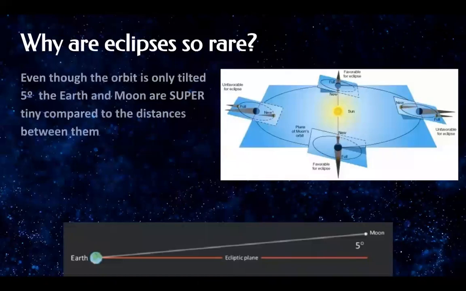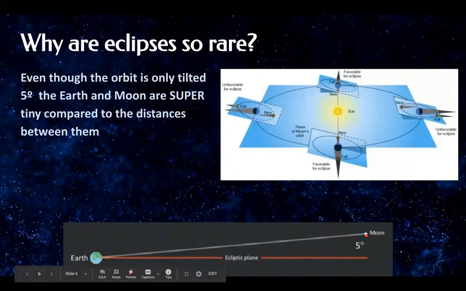Eclipses are super rare because even though the orbit is only tilted 5 degrees, the Earth and moon are super tiny compared to the distances between them. That last picture doesn't truly show the huge difference that 5-degree tilt can make. If you look at this picture at the bottom, even though it's just 5 degrees, look at how far away it is. 5 degrees of a huge distance means that if it's all the way up here, there's no way it's going to cast a shadow on the Earth.